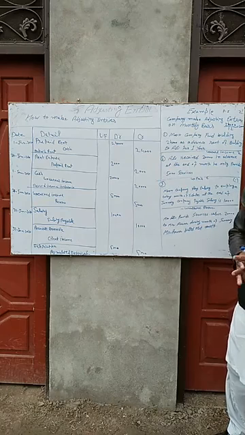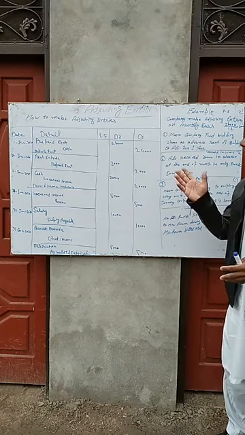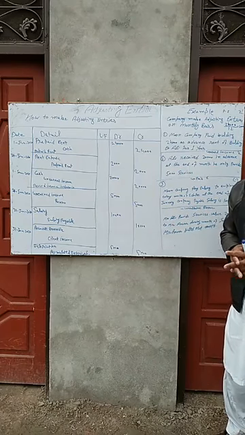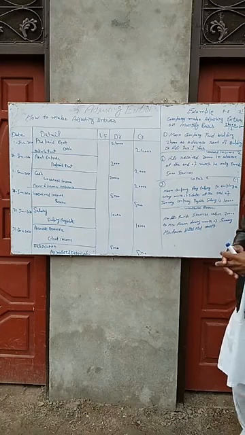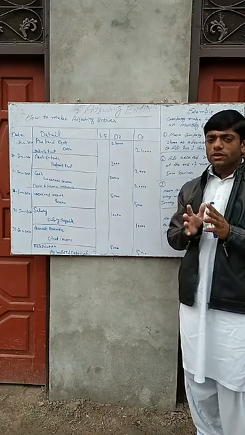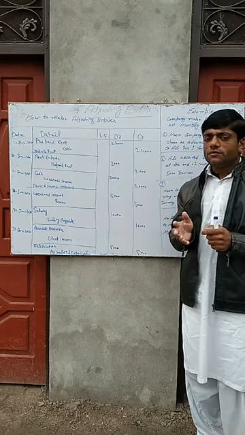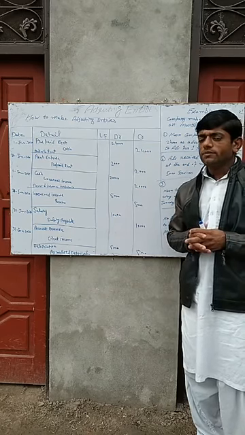In this way you can make an adjusting entry of prepaid expense, unearned income, outstanding expense, receivable income, and depreciation. So in today's lecture we discussed what an adjusting entry is. Adjusting entries are journal entries prepared at the end of the accounting period to adjust the income and expense accounts.